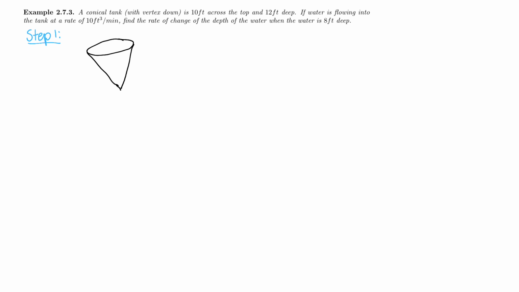But I don't love that picture, so I'm going to redo it. Feels kind of tilty. Okay, here's my tank. We know a few numbers that don't change. I know that the distance across the top is 10 feet.